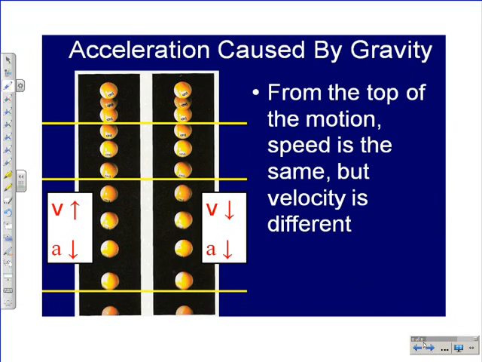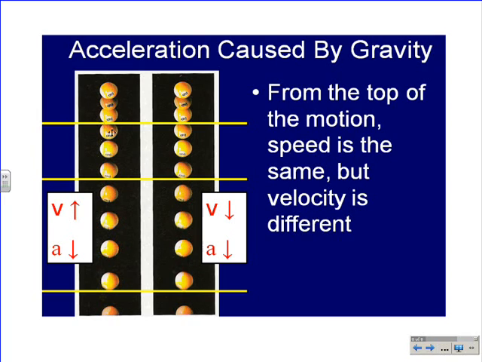Conceptually, if we look at the different speeds of the ball at equal time intervals from the top of the motion, we should see that the speed of that ball is the same, but the velocity is different because velocity depends on direction. On the up trip, that object is slowing down.